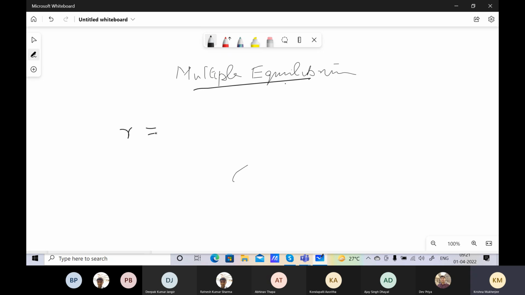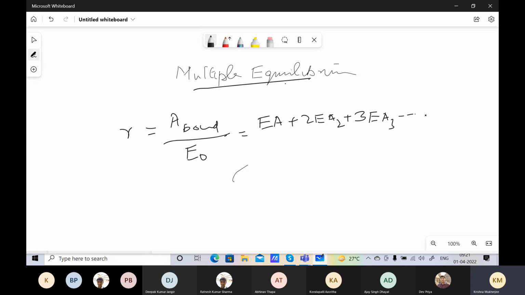I found out R, the ratio of bound to unbound, which was A bound upon E naught. E naught is not actually E naught, but the number of sites. A bound, if you remember, was EA plus 2EA2 plus 3EA3 and so on till NEAN.